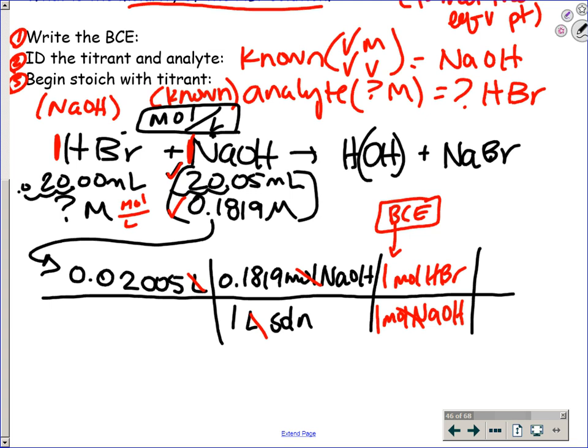You have to put liters on the bottom; we're basically dividing by liters. You can stop here, hit equals on your calculator to get moles, and in a separate step divide by liters. Or you can just multiply by the inverse, because multiplying by the inverse is the same as dividing. I'm a fan of not stopping, so I'll put a 1 there as a placeholder and 0.0200 liters on the bottom to show dividing by liters. And what's that answer?